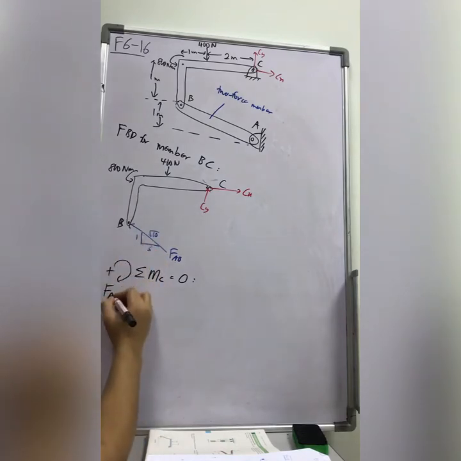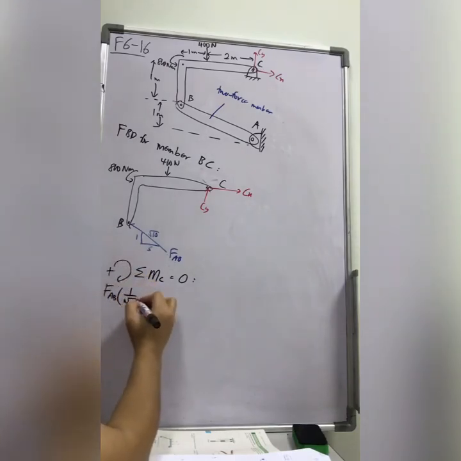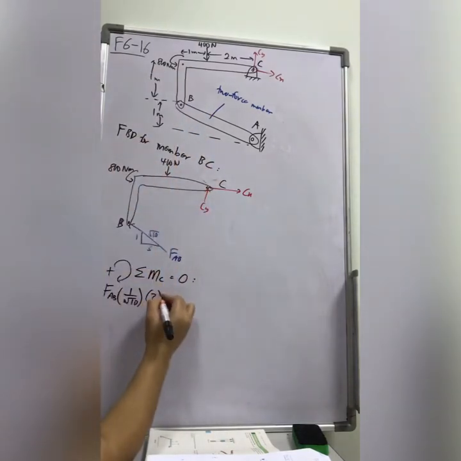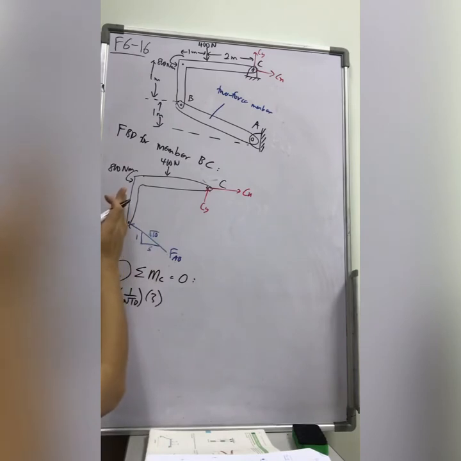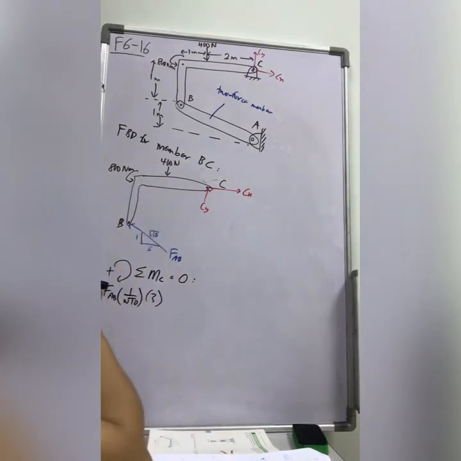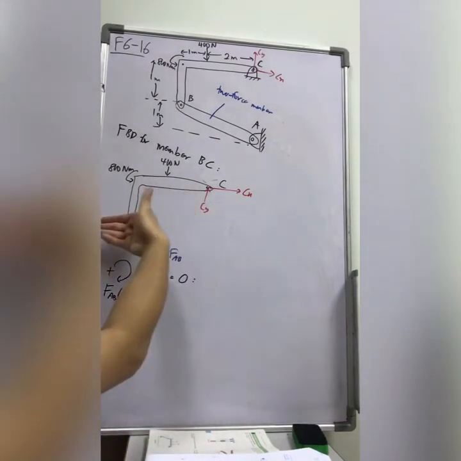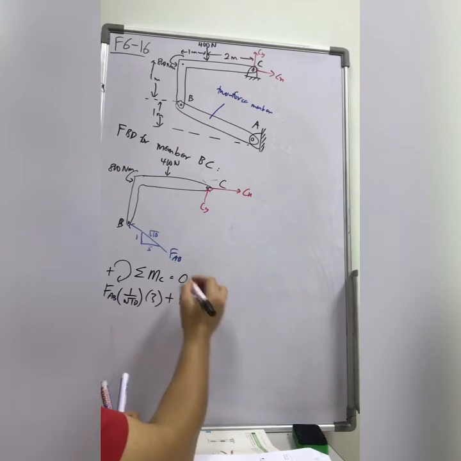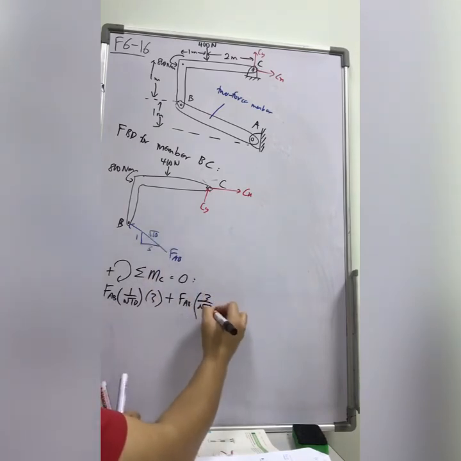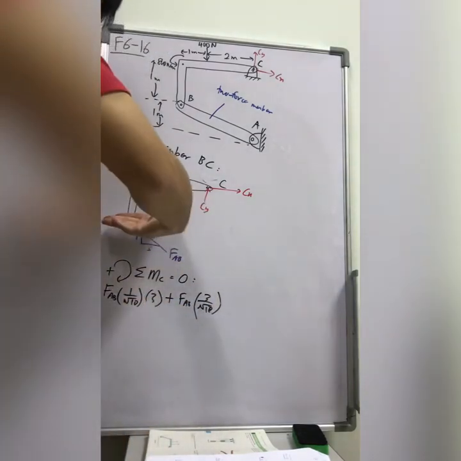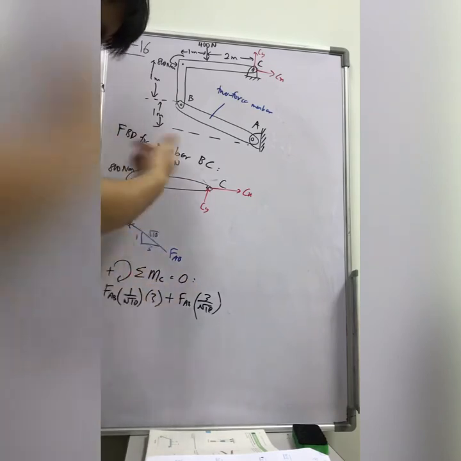So FAB, positive moment, FAB 1 over root 10, times the total distance, which is 3, to find the moment of the vertical component of FAB with respect to point C. And there's another one, FAB with the horizontal component, plus FAB 3 over root 10, which does clockwise rotation as well.